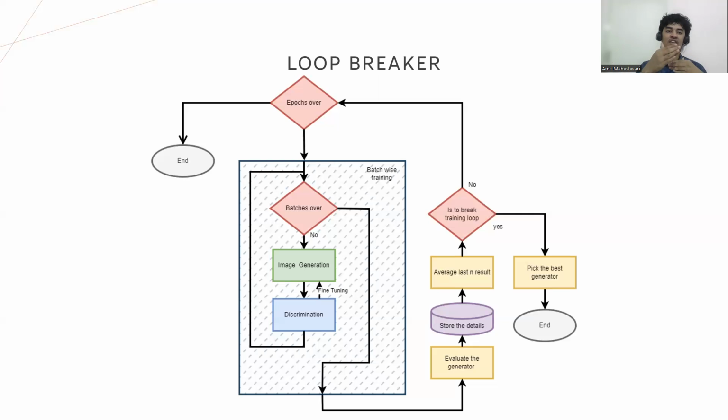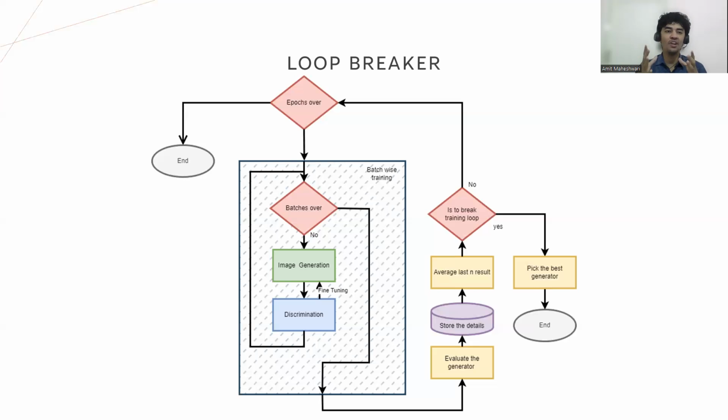And if any instability is present in the GAN itself and it is producing lower or degrading image quality, it will give us an early indicator. So it is kind of an early feedback loop. And if any such terminal condition is matched, the loop will be broken, and from the configured number of epochs, it will traverse back, find the best possible epoch, and generate the images from the same.